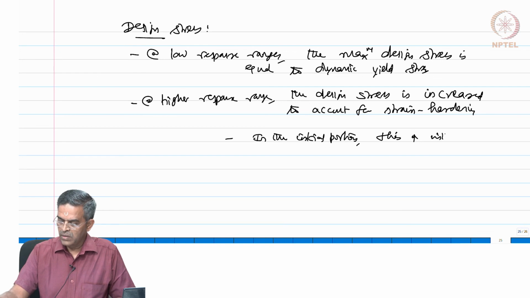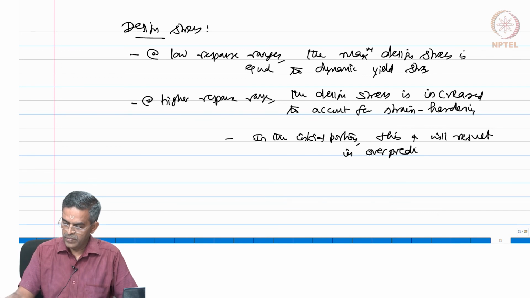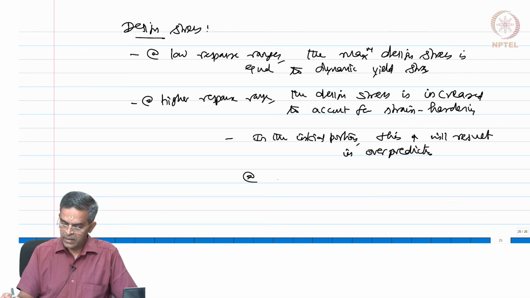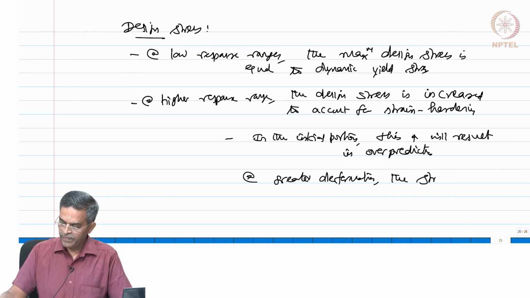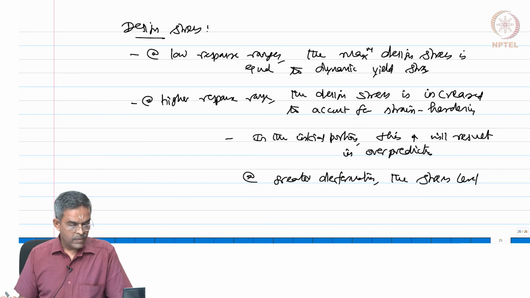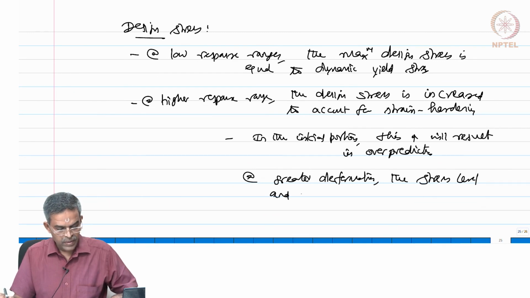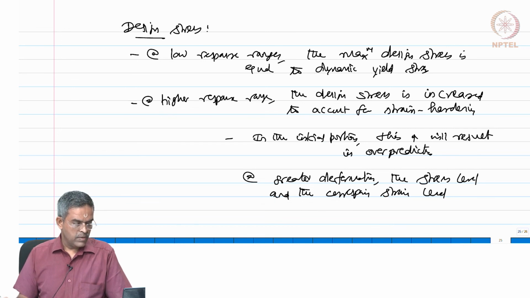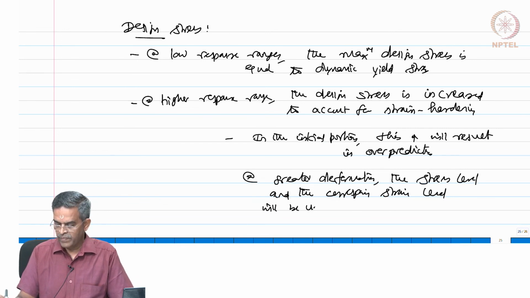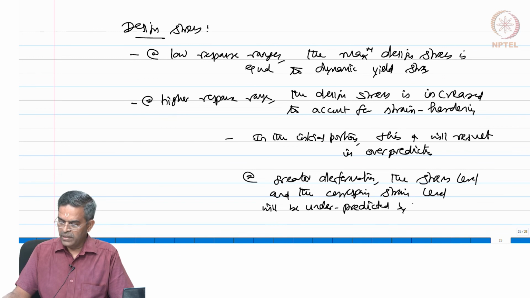This increase will result in over prediction, but at greater deformations, at large deflections, the stress level and the corresponding strain level will be under predicted by the design stress.